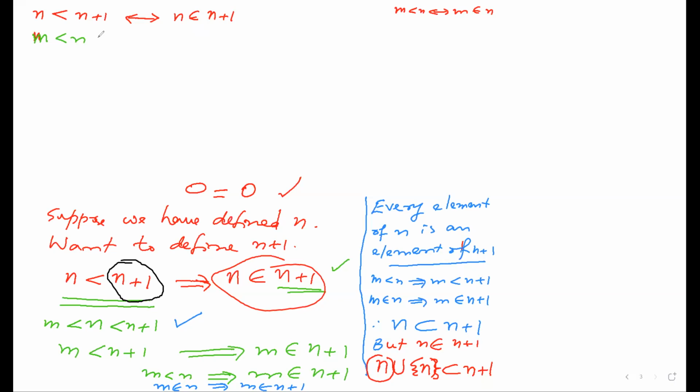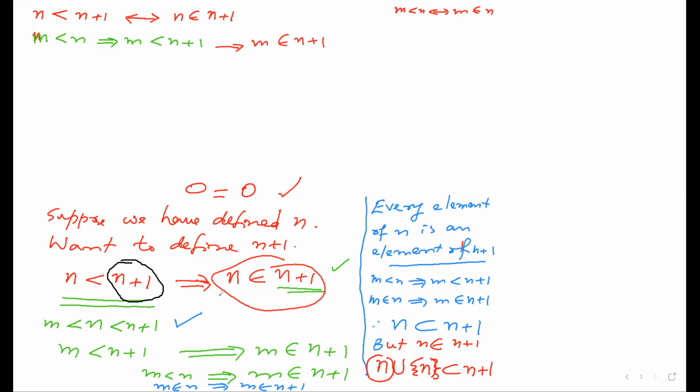M less than n implies m less than n plus 1. Is that true? If they are natural numbers? Since n is less than n plus 1, m less than n would imply m less than n plus 1. That would imply that m is contained in n plus 1. Agreed?